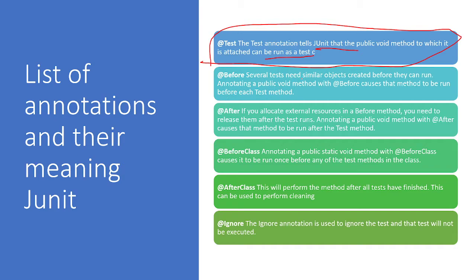Several tests need similar objects created before they can run. Annotating the public void method with @Before causes the method to run before each test method. So we're choosing what things get to run before and after a class, and it's just as simple as injecting these little things that JUnit provides for us.